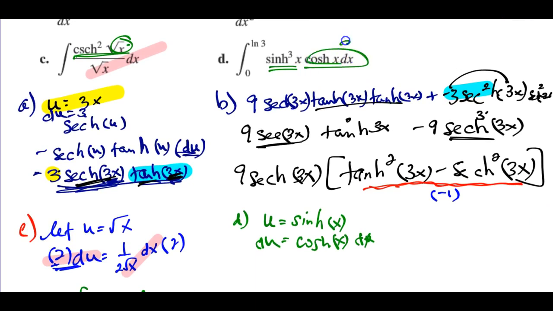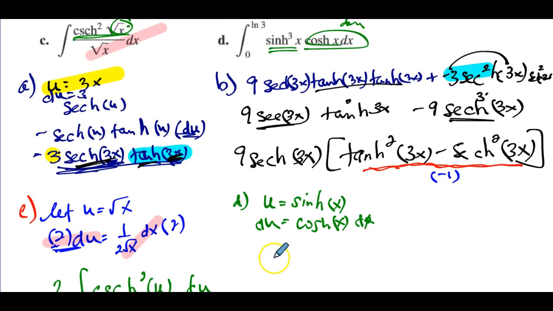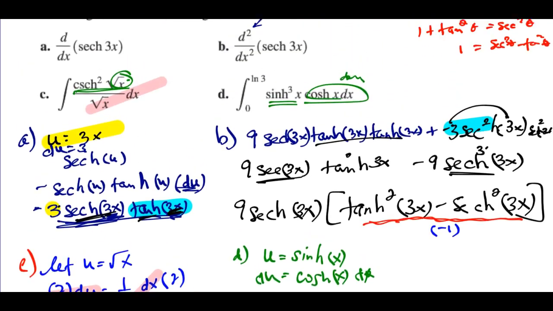So all of this is going to go du, and then I can rewrite this as the integral of just u cubed du, which is 1/4 u to the 4th.